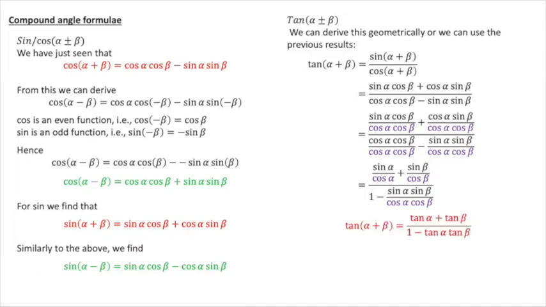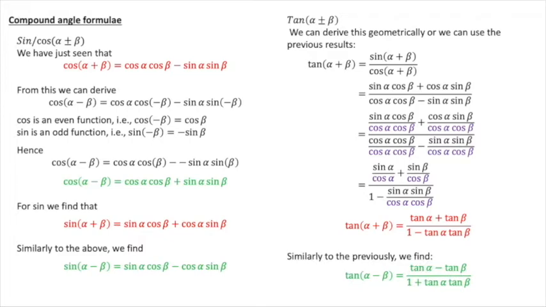What we can now do, though, which is rather nice, is that we can replace all of these sines and coses by tans. So we've got sine alpha over cos alpha top left gives us tan alpha. We have sine beta over cos beta top right, which gives us tan beta. And on the bottom of the fraction, we have 1 minus sine alpha over cos alpha times sine beta over cos beta, which is the same as tan alpha times tan beta.